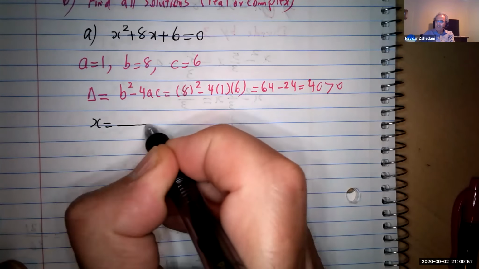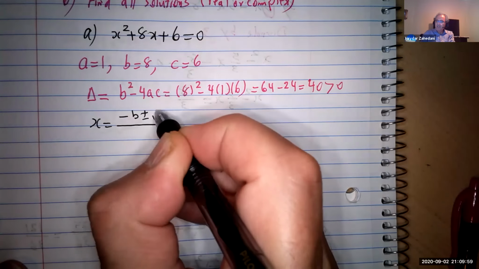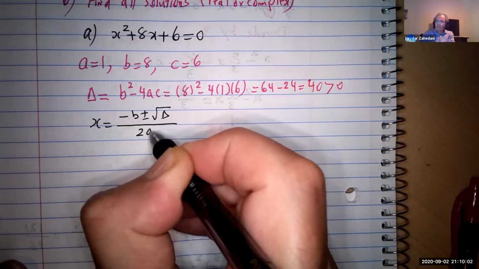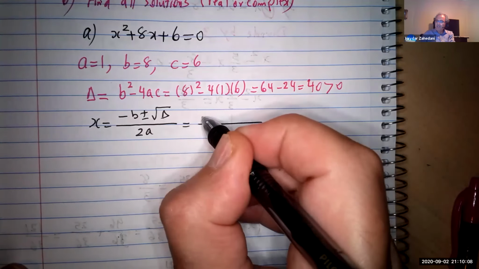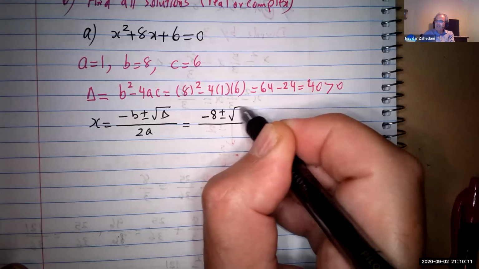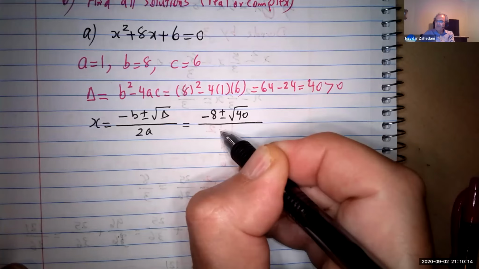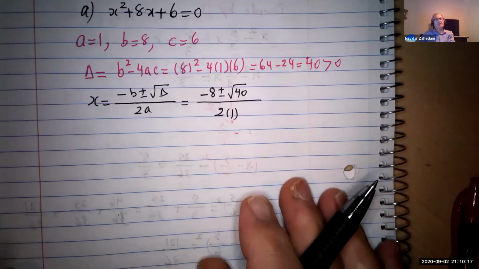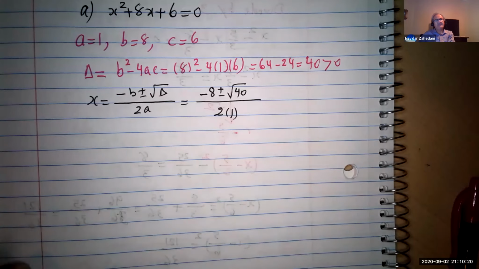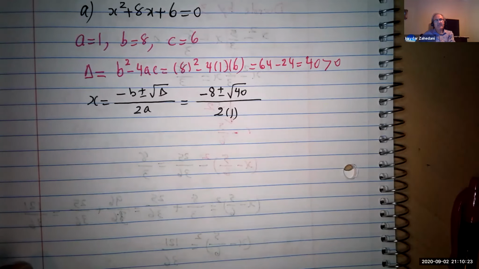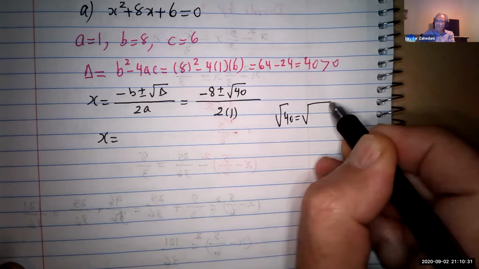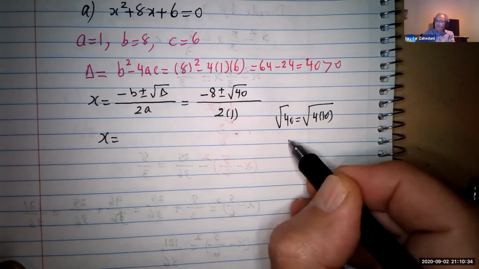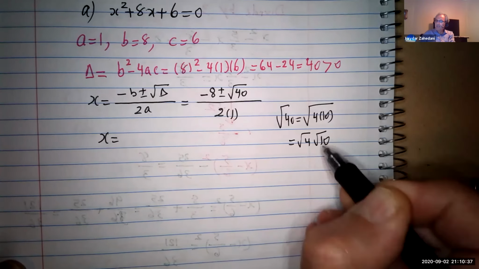So x would be negative b plus or minus radical delta over 2a. Substitute. B is 8, so negative 8 plus or minus radical delta, which is 40, over 2a, 2 times 1. We don't want you to use your calculator, so you can only simplify it. 40 is 4 times 10, so radical 40 is radical 4 times radical 10, which is 2 radical 10.